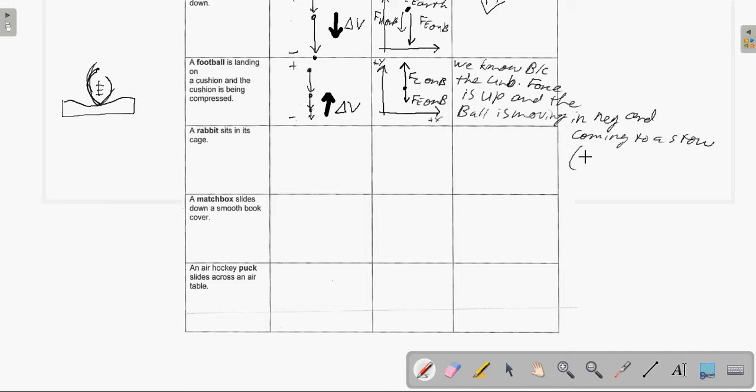So once again, delta V is related to the unbalanced force, what we call the total sum of forces. If you don't know what this symbol means, you didn't watch my other video. Go watch my other video.